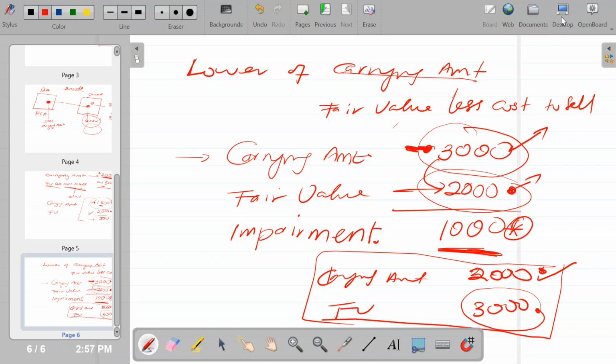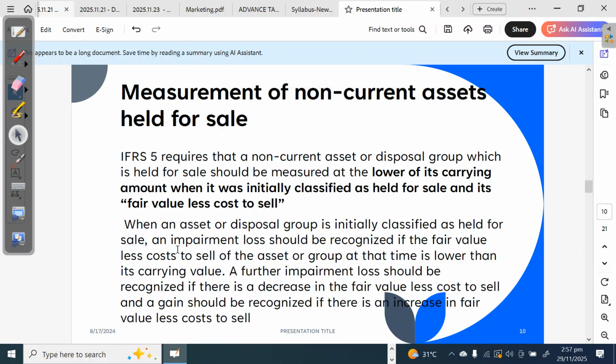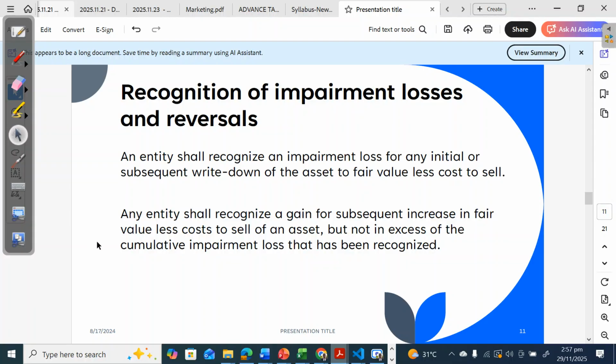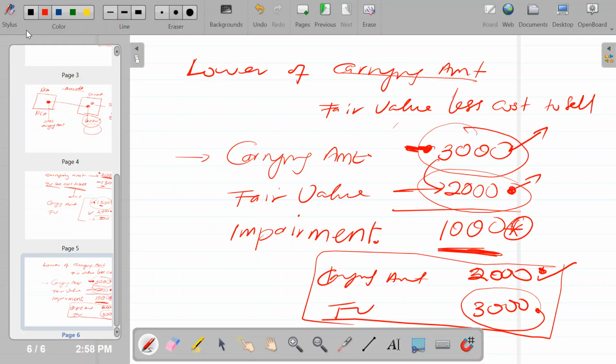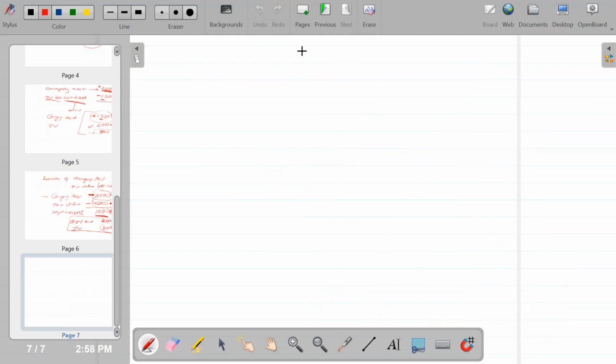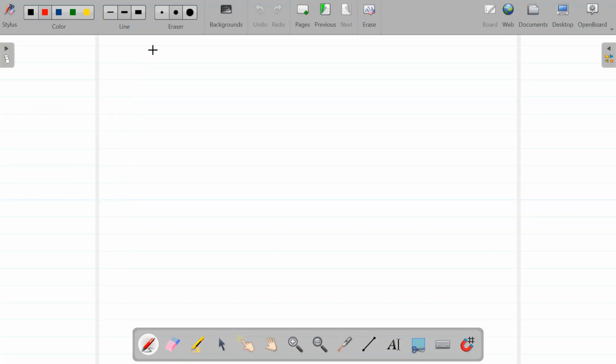Okay, so let's continue. Now the standard says that when you classify an asset as held for sale, you have 1 year to sell it.